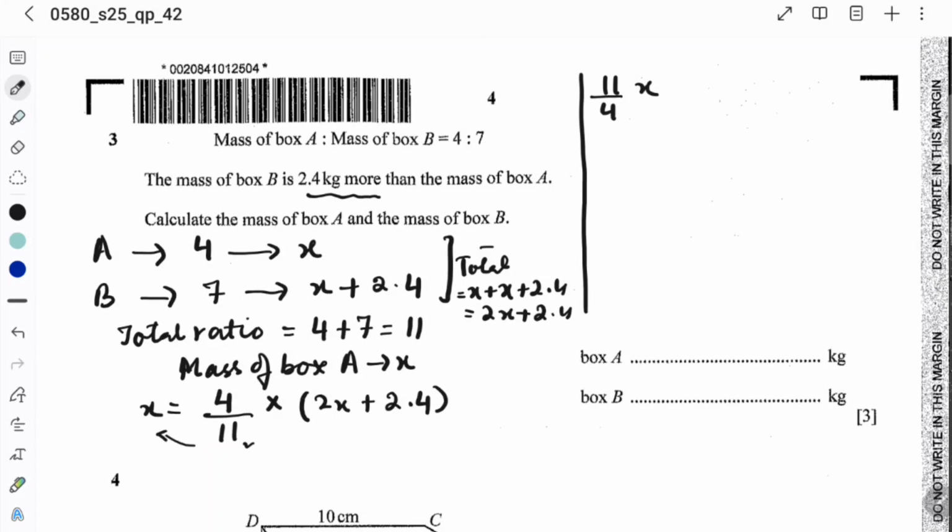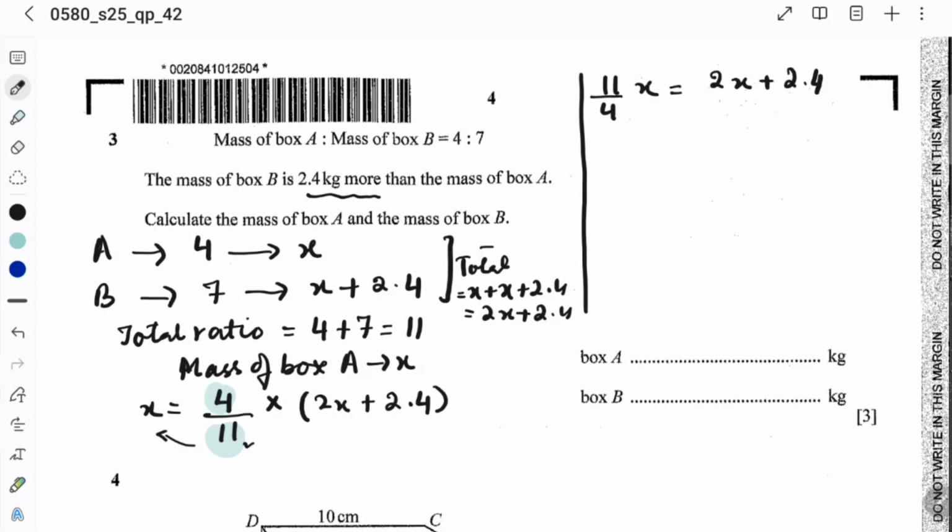Either way you multiply, you will get the same answer. So 11 upon 4 times x is equal to 2x plus 2.4.